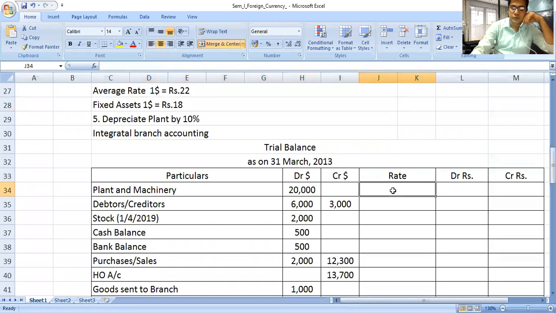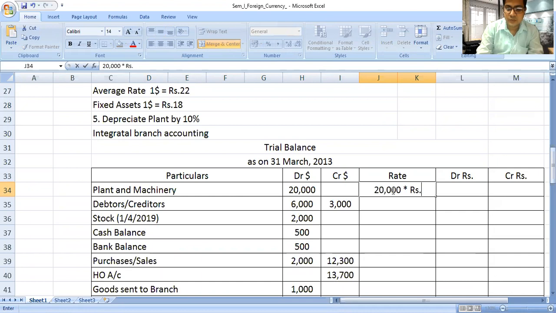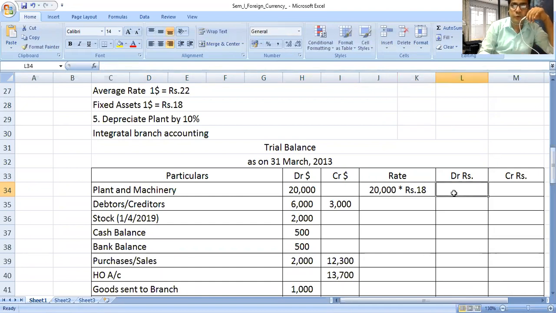So we will use $20,000 into Rs 18. Use your brain and your calculator and find out the value that we are going to write here in rupee form.